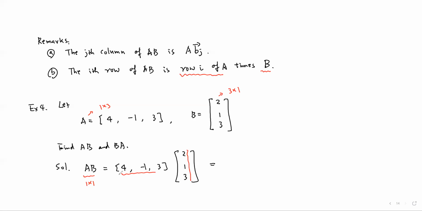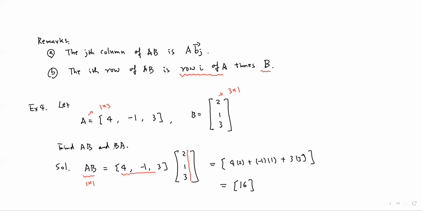So it is 4 times 2 plus -1 times 1 plus 3 times 3. Now calculator: 8 minus 1 is 7, plus 9, so 16. A 1 by 1 matrix. This is the result of A times B.